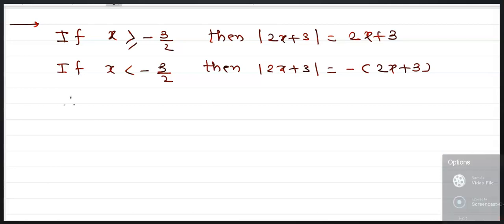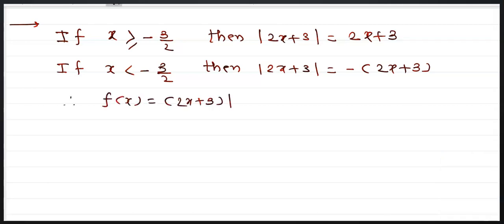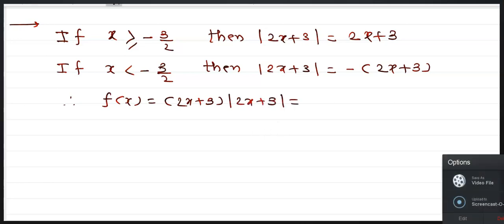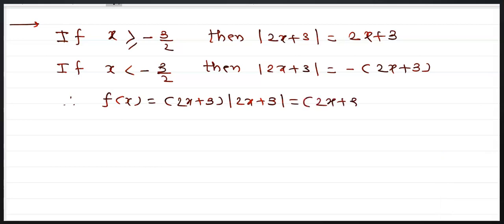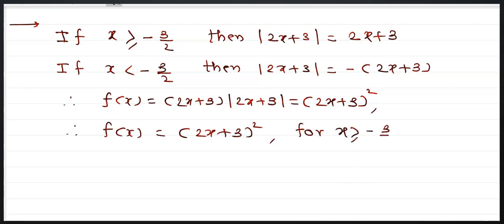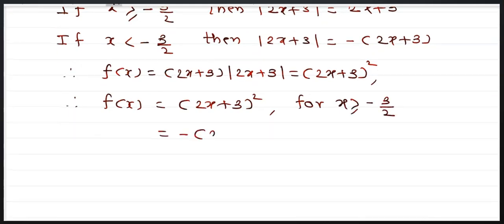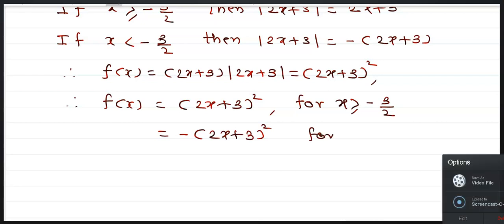Therefore, f of x is equals to 2x plus 3 mod of 2x plus 3, then you will get 2x plus 3 bracket square when x is greater than or equal to minus 3 by 2, and is equals to minus 2x plus 3 bracket square for x is less than minus 3 by 2.